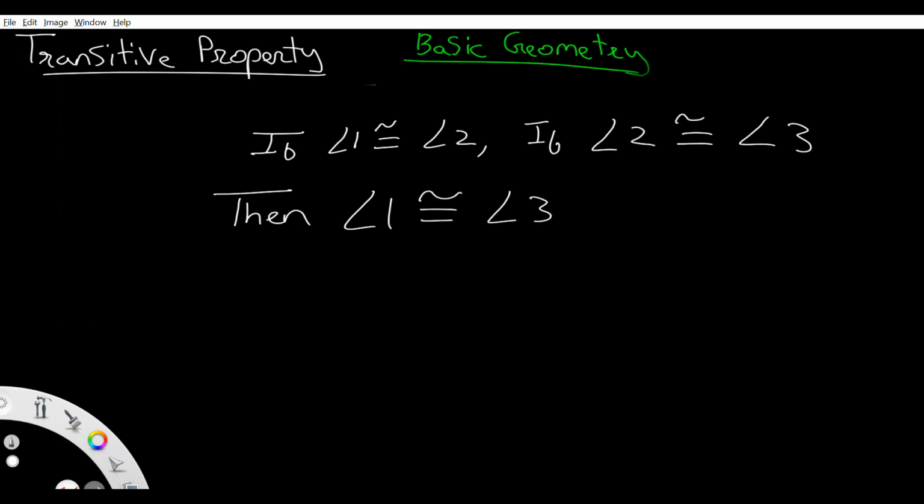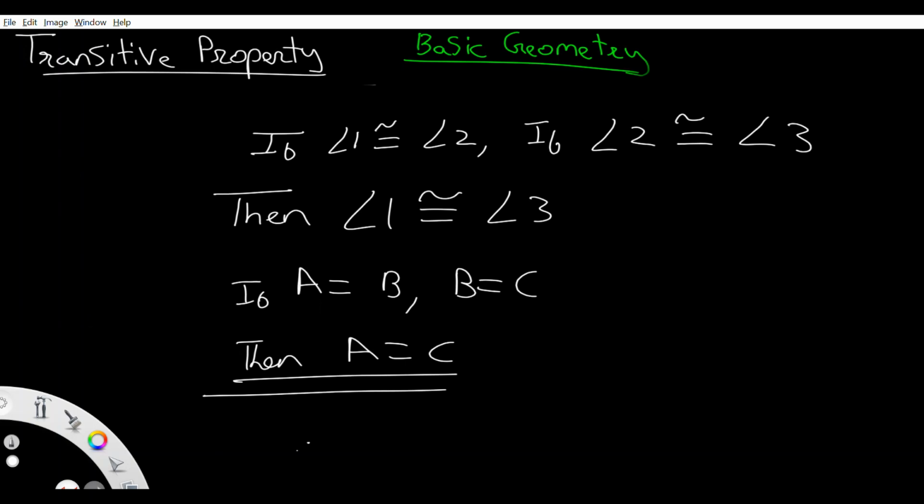Now this seems pretty obvious, but it is good to remember this. Another way you can put this is by using variables. So if A is equal to B and B is equal to C, then that means that A is equal to C.